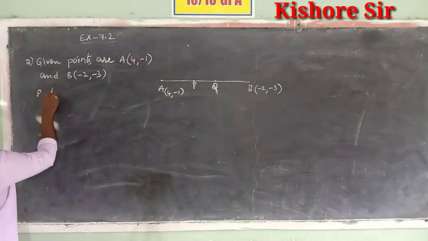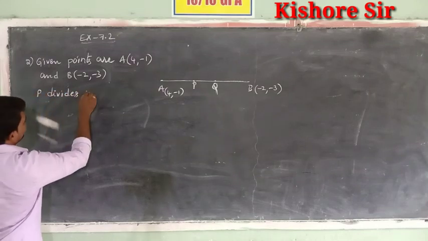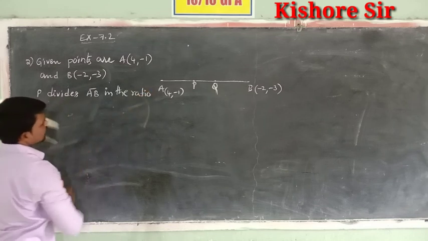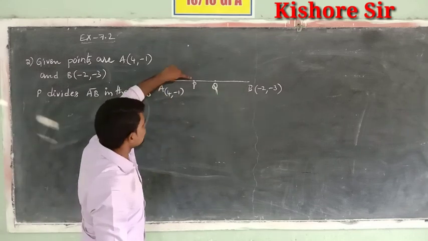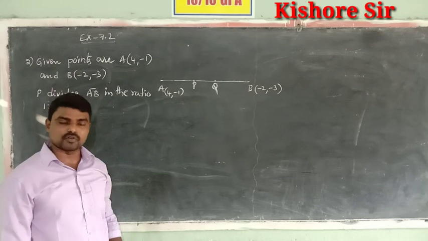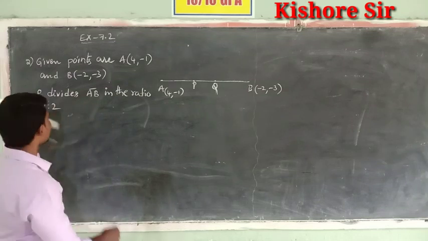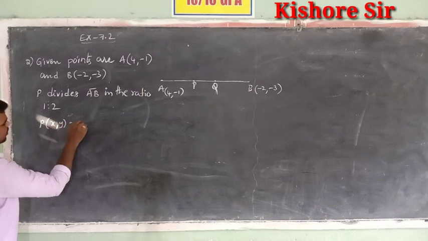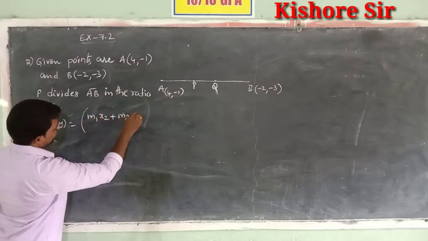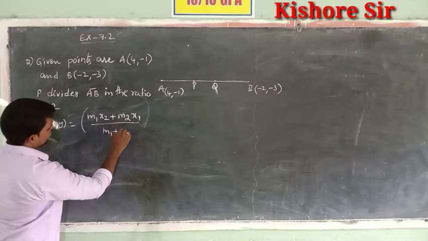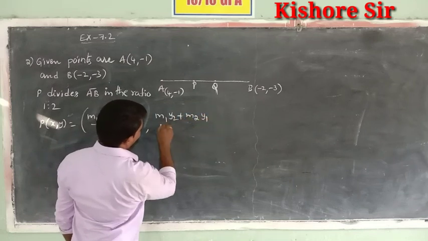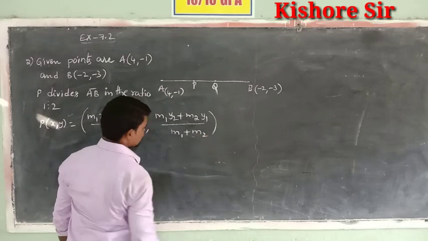So P divides AB in the ratio 1:2. By using the section formula, we have to find the coordinates of point P. So P(x, y) is equal to, the section formula is (m1 x2 plus m2 x1) by (m1 plus m2), comma (m1 y2 plus m2 y1) by (m1 plus m2).